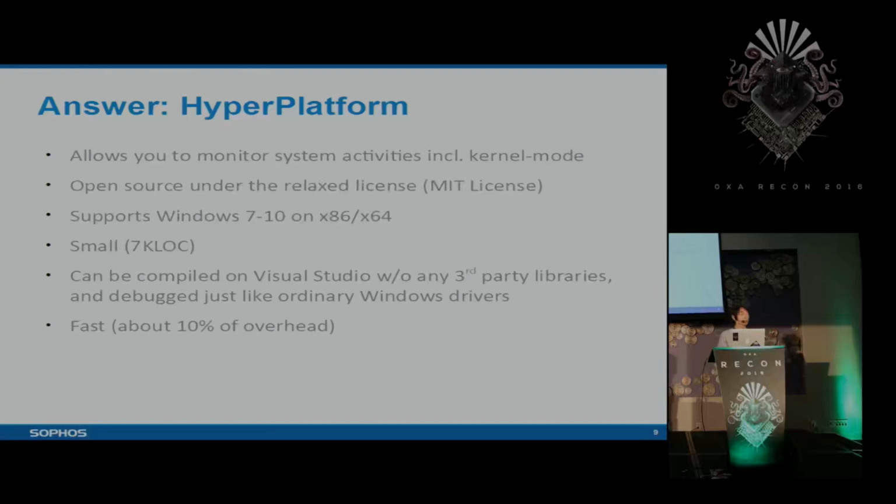HyperPlatform allows you to monitor Windows system activities, including the kernel, and it is open source and supports Windows 7 to 10 on both 64 and 32-bit architectures. And it is small enough. One of the nicest things of this project is that you can compile it on Visual Studio without any third-party libraries, and it can be debugged just as a software driver. And it is fast.